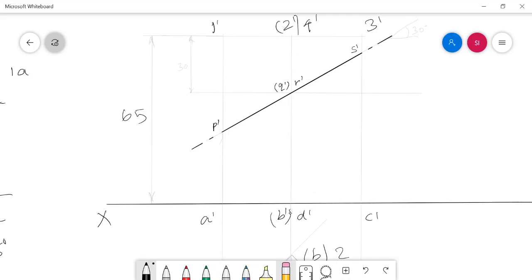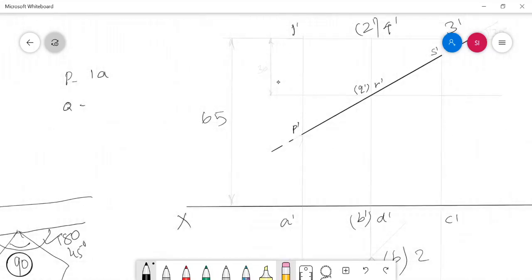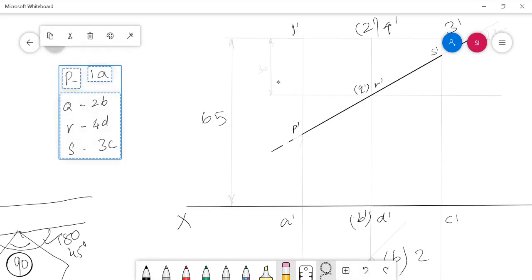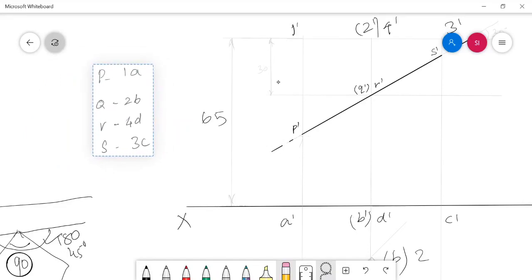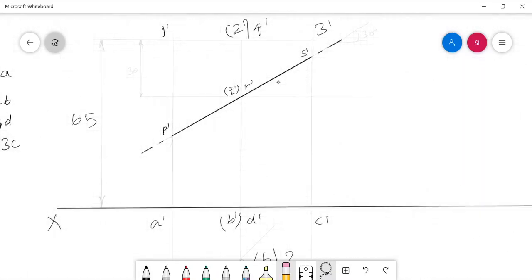Out of 2 dash B dash and 4 dash D dash, 2 dash B dash is inside the bracket. So Q belongs to 2B and R is for 4D and S is for 3C. So we are having the address of each and every cut point for our future reference. Just for our reference purpose, you need not mention them in your answer sheet.